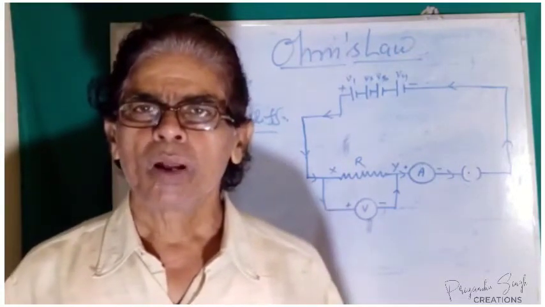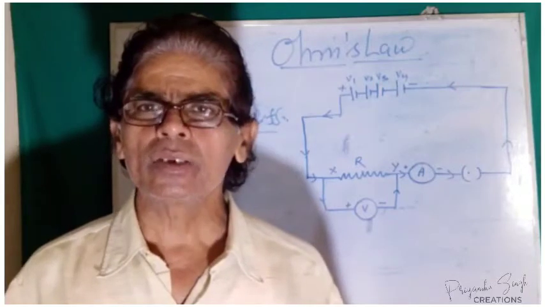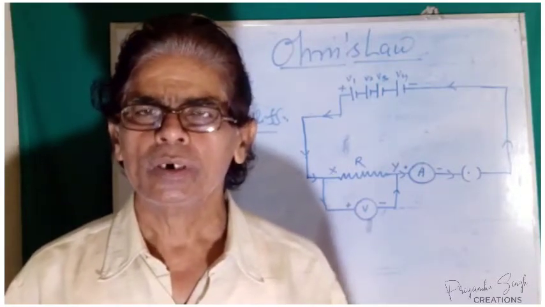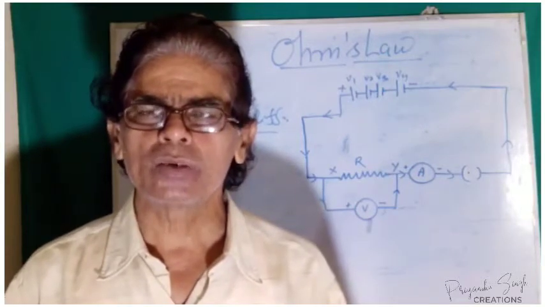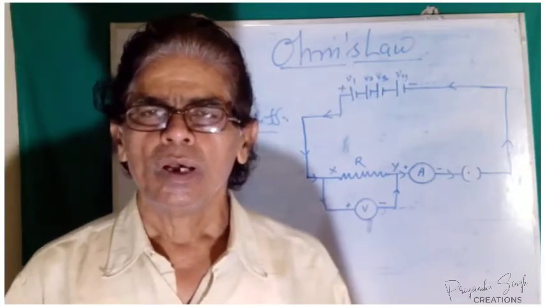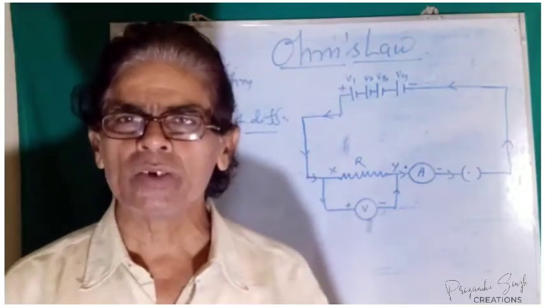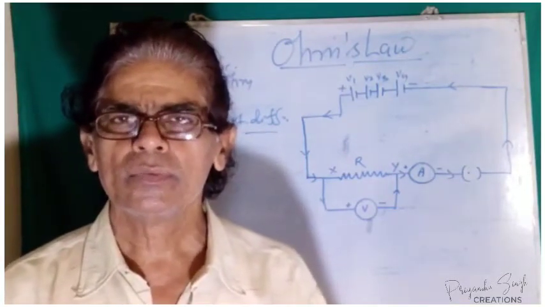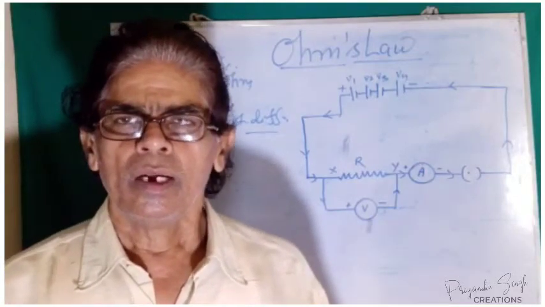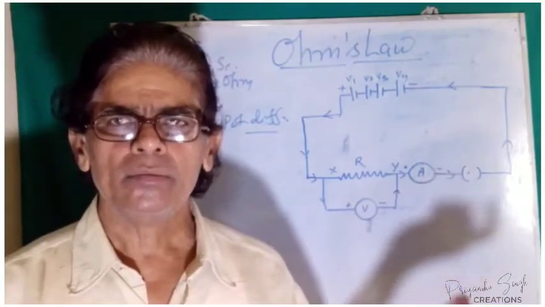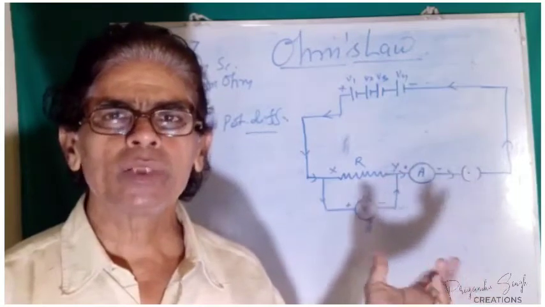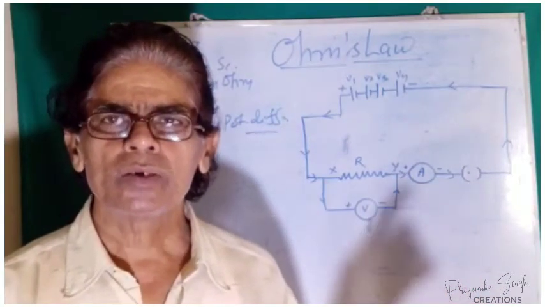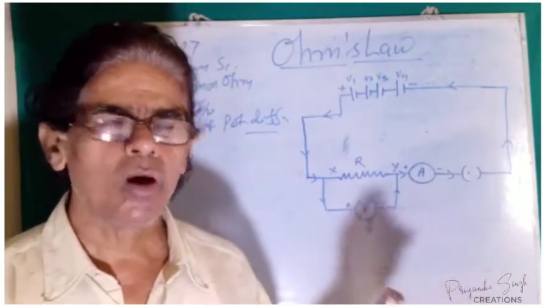Ohm performed an ingenious experiment in which he used different cells corresponding to different potential differences between the terminals. Let us try to understand a simple circuit responsible for studying Ohm's law.